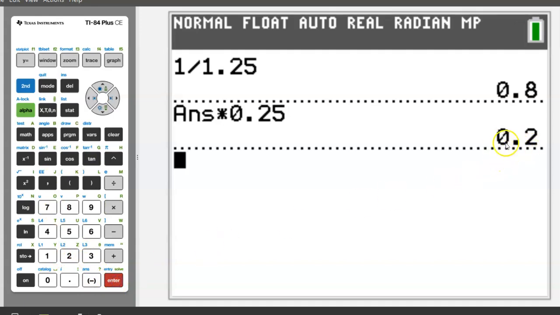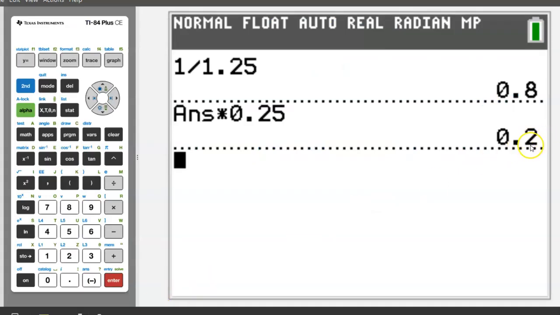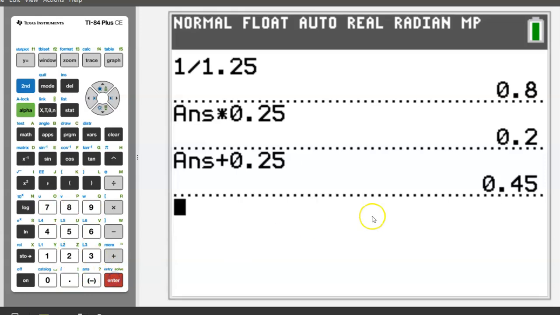And that's 0.2. To get the next y value, we need to take the previous y value plus delta y. So we need 0.25 plus 0.2. 0.2 is already in the calculator, so I'm just going to go plus 0.25. So this is the next y value.